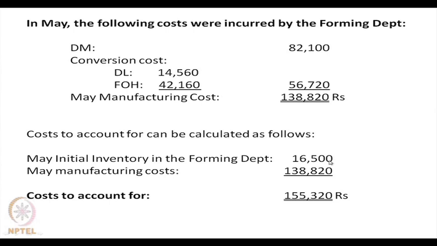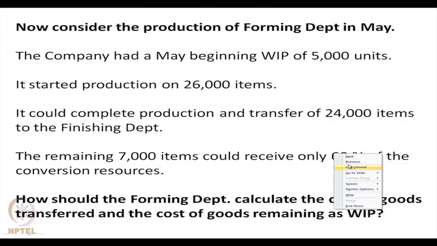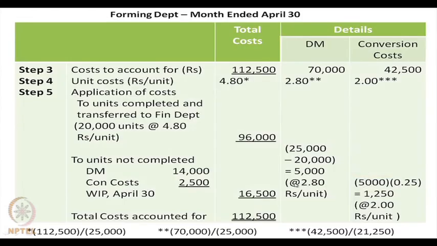Recall that this 16,500 was the work in process in the forming department in the beginning of May, at the end of April. The direct material was 14,000 and the conversion cost was 2,500 at the end of April, which is the same as in the beginning of May.